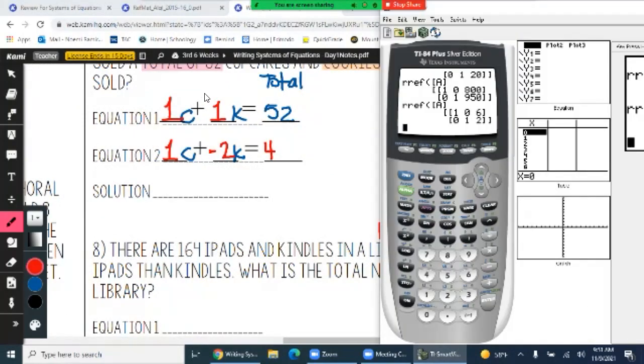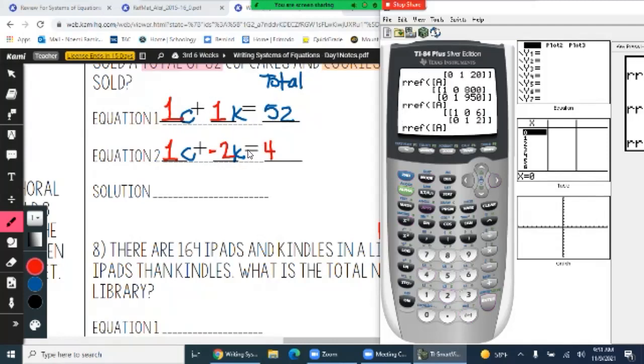Now let's go ahead and type that into the second matrix. 1, 1, and 52. And then 1, -2, 4. Copy, second matrix.